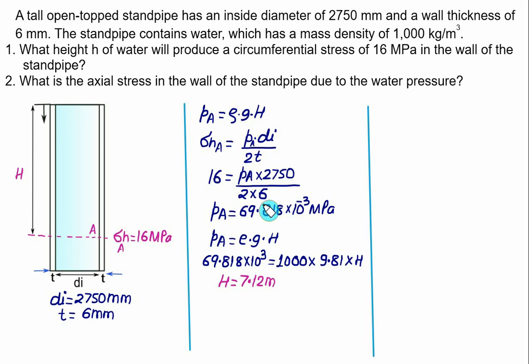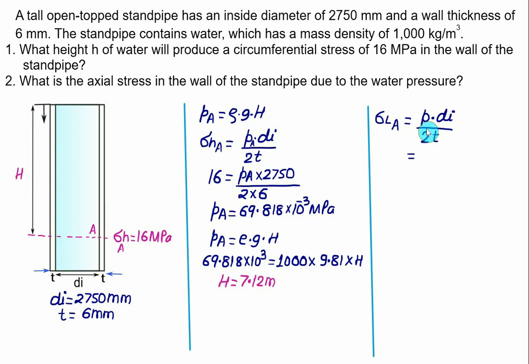In the second part, we want to calculate the axial stress at the same location A. So we have axial stress, that is the longitudinal stress at A, equal to the pressure P multiplied by diameter di divided by 2 times the thickness.